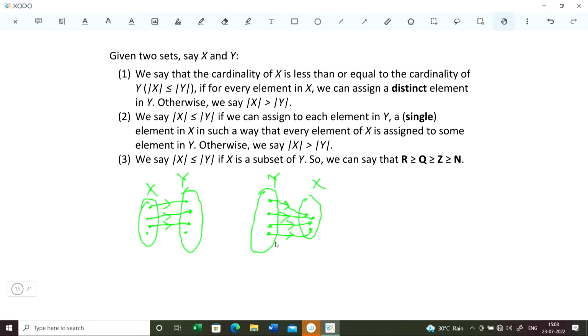And while we are making wars and friendships, the third statement should be clear, right? If a set sits inside a bigger set, its cardinality cannot be more than that of the bigger set, right? Is that clear?